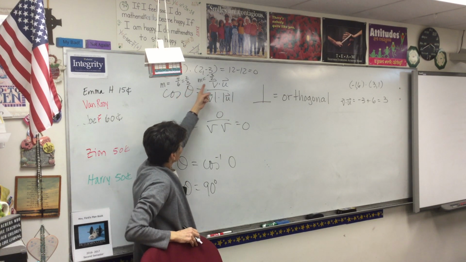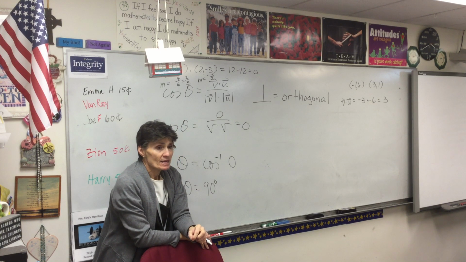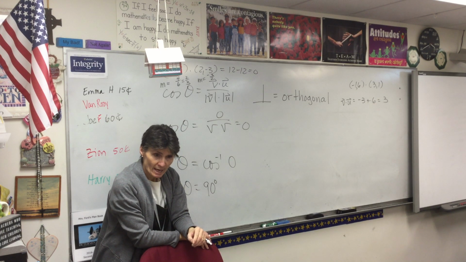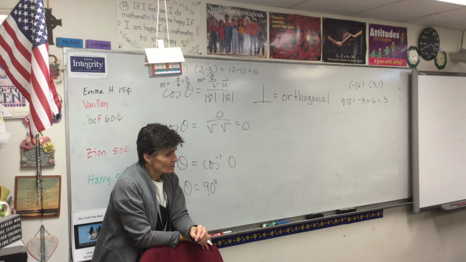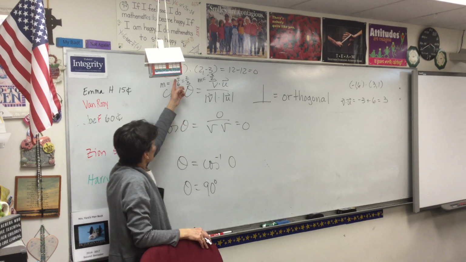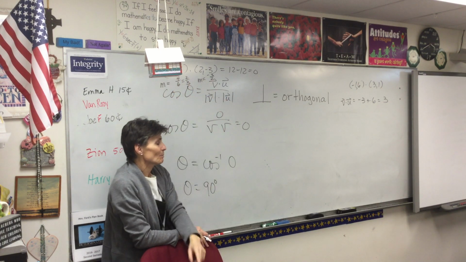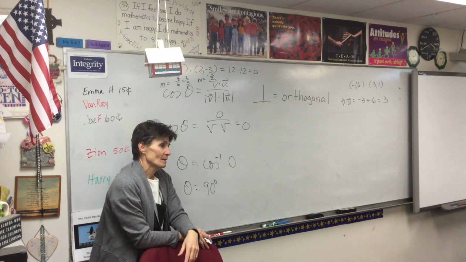Look at those two slopes. One of them is 2/3 and the other one is negative 3/2. What did we learn in algebra class about that? If they're opposite reciprocals, the lines are perpendicular. So these two vectors have opposite reciprocal slopes, so of course they're perpendicular.